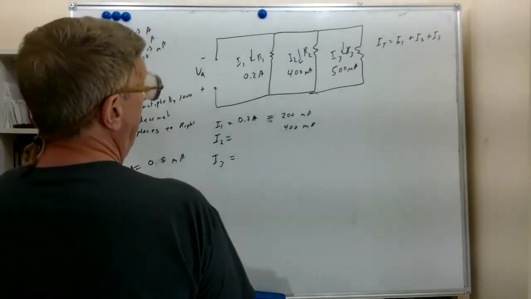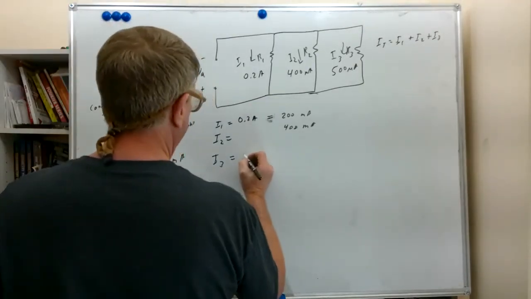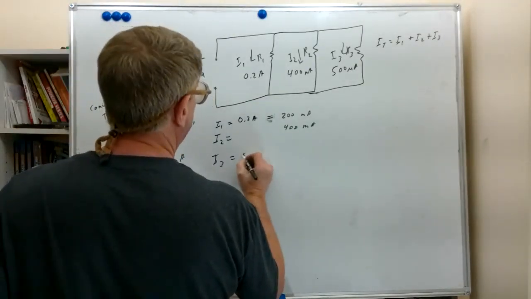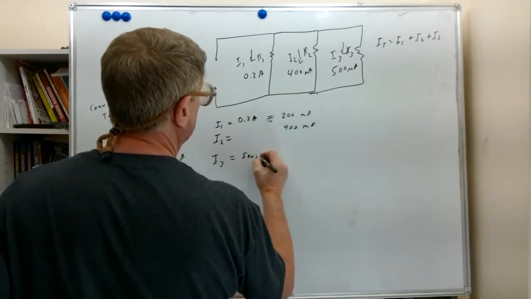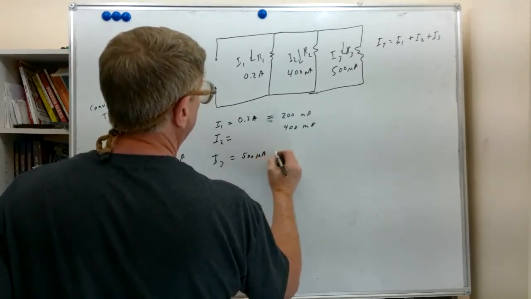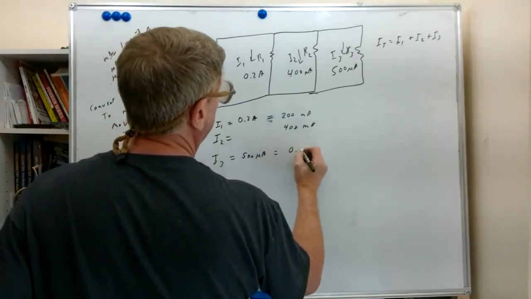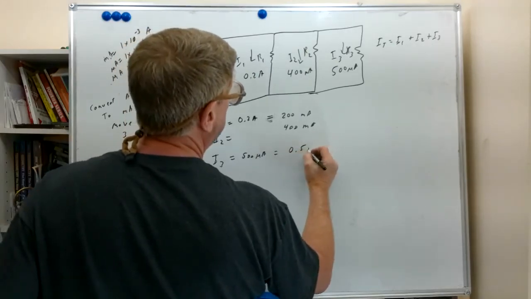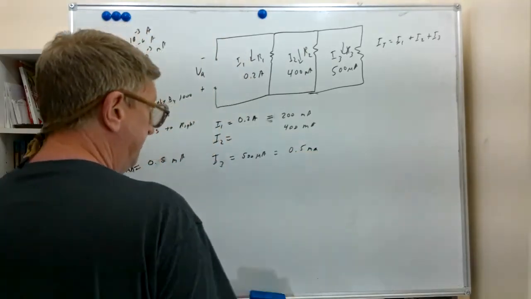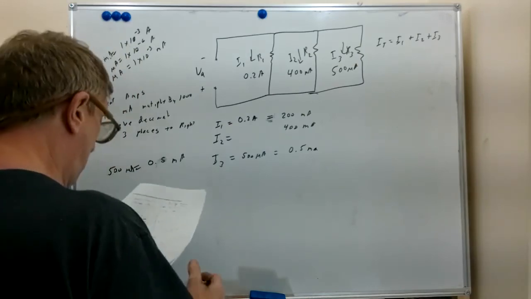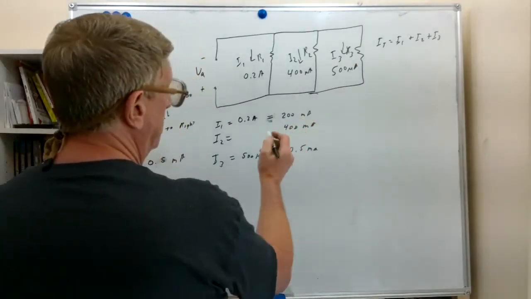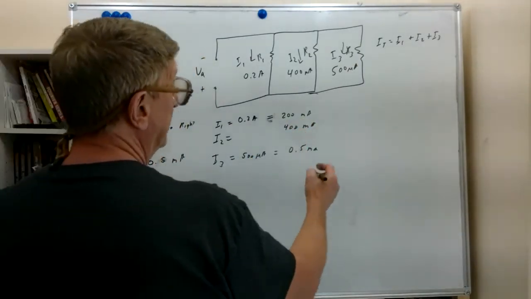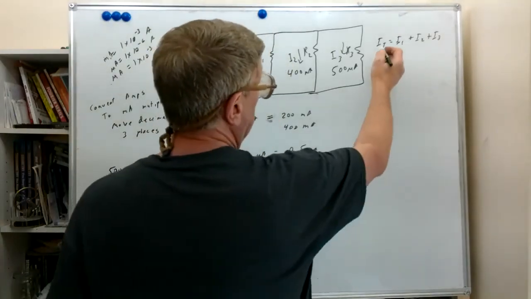So I3, we had 500 microamps, which is equal to 0.5 milliamps.